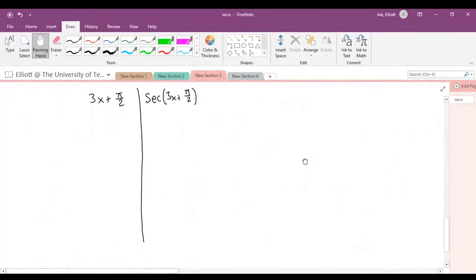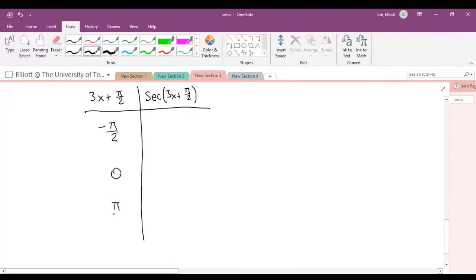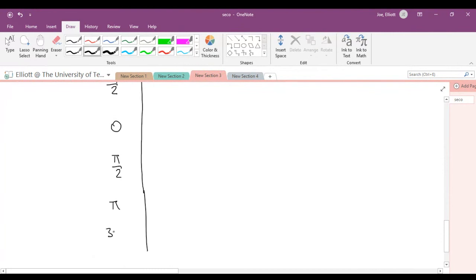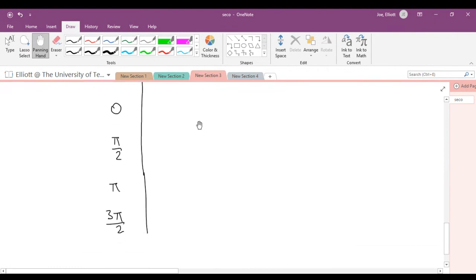Okay, yeah, so looking at that picture, I think it'll be appropriate to start looking at when the argument of our secant function is negative pi over 2, 0, pi over 2, pi, and I'll go up to 3 pi over 2 right now. So that should have been 1 period.